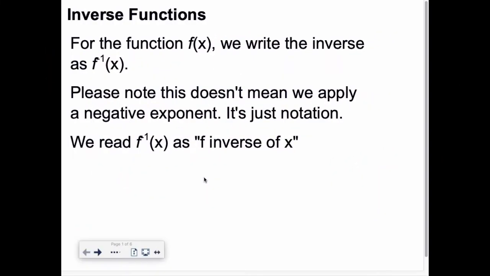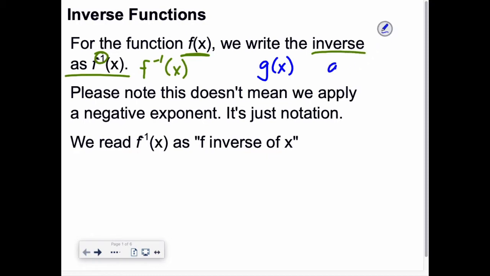As we get into talking about inverse functions, it helps to know what a function inverse is. Some notation first. If we have a function f of x, we write the inverse as f with a little exponent of -1, of x. The same as if I had a function g of x, its inverse would be g with a little exponent of -1, of x.